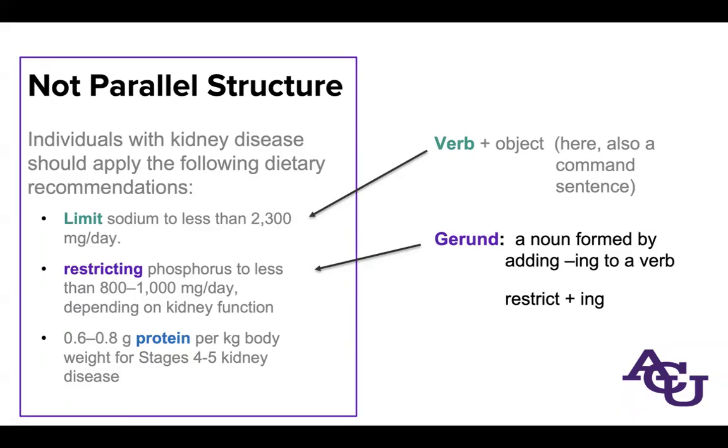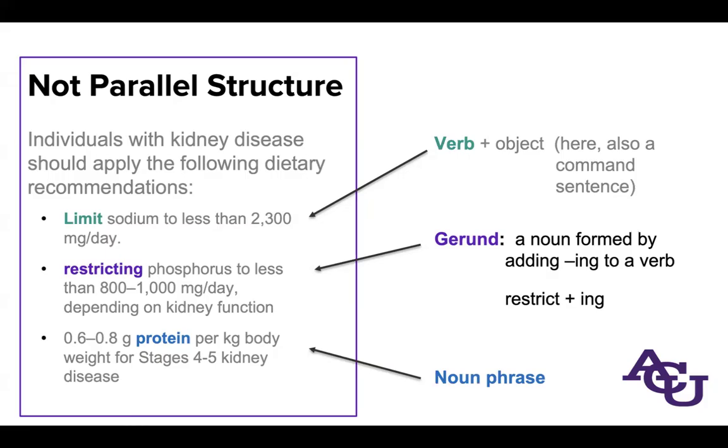So here the verb is restrict, but we add an ing to it and it becomes restricting. Restricting what? Restricting phosphorus. So this is actually a gerund phrase. And then the last one is just a noun phrase, which is the noun protein with a bunch of modifiers to explain the idea about the protein.